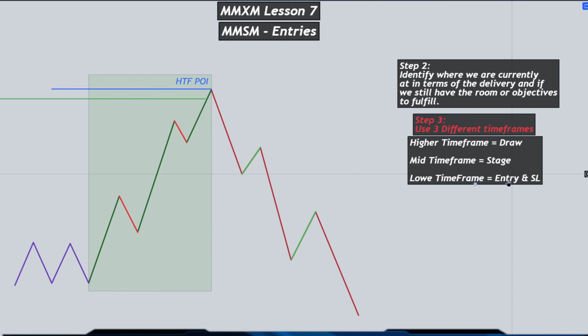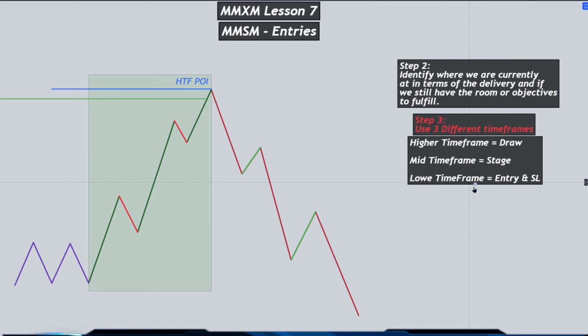So that's what I usually use the mid time frame for, and the lower time frame which I usually use to enter and to place my stop loss. However, the reason for your entry and stop loss should be based on your mid time frame, which is also redefining your stages, right?